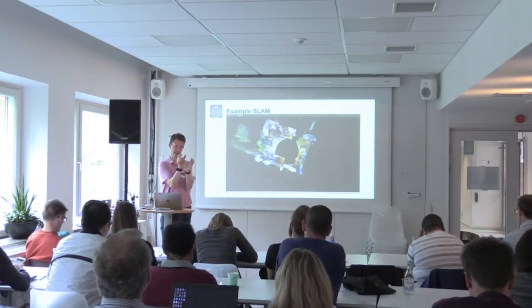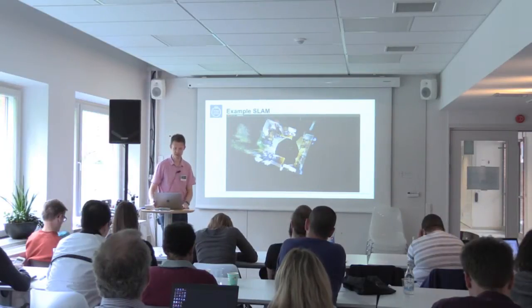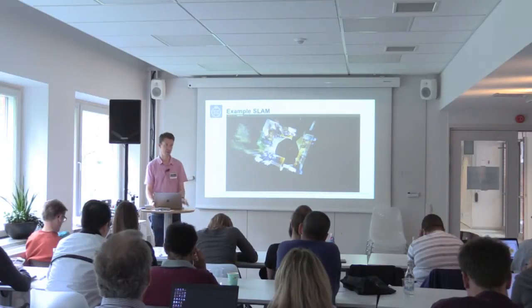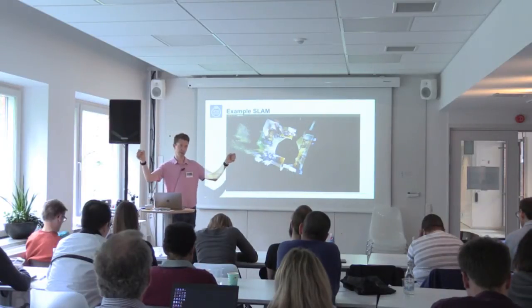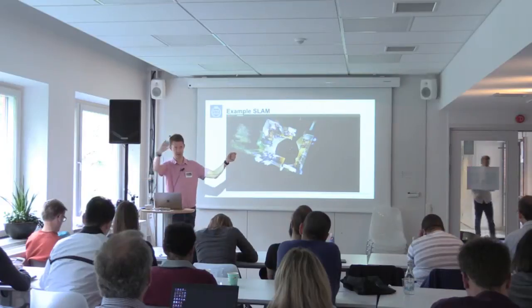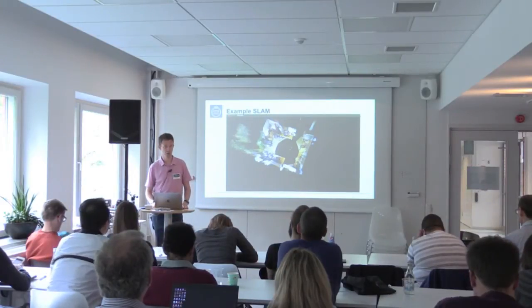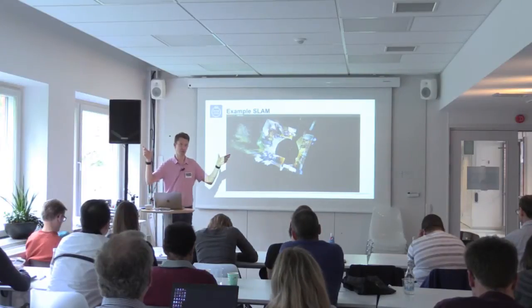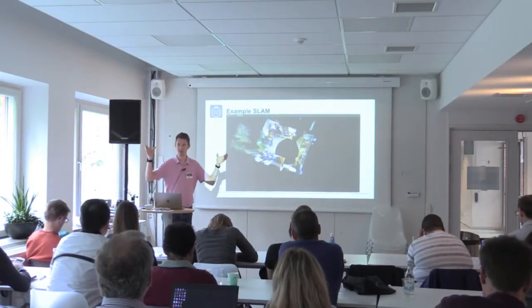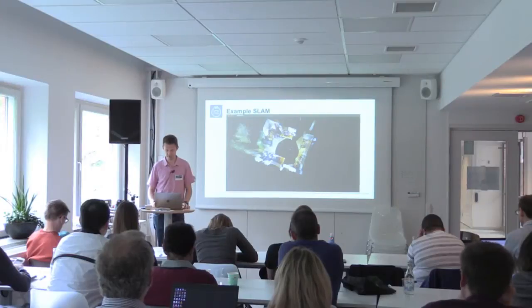If the baseline is small, I will not be as good at estimating distances further away, but that correspondence is going to be easier. If I move the cameras apart, I'm going to be able to estimate the distance better at long distances, but it's going to be harder to find the correspondences. And when I come close to an object, I might not even see the same thing in the two images.